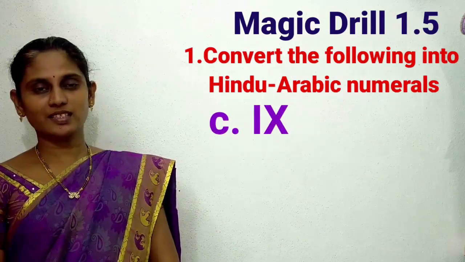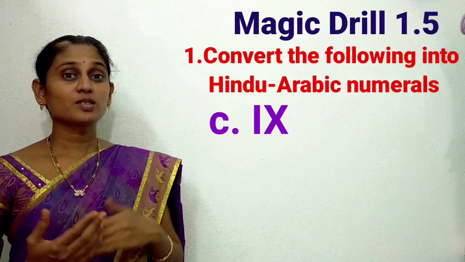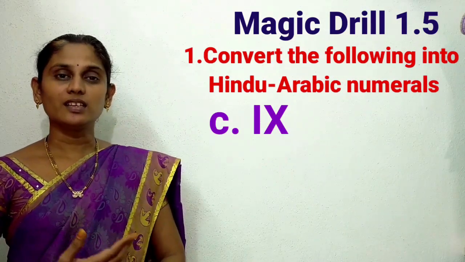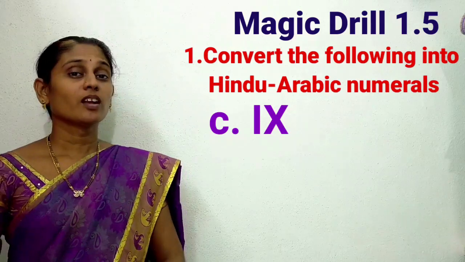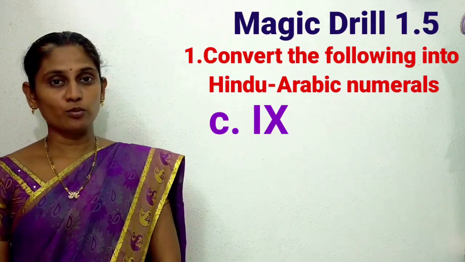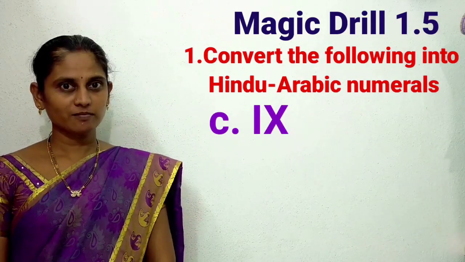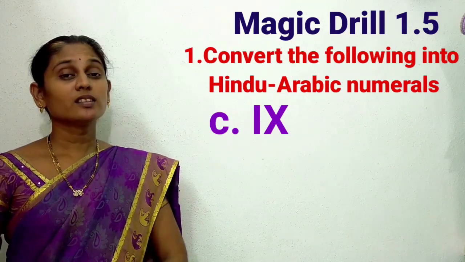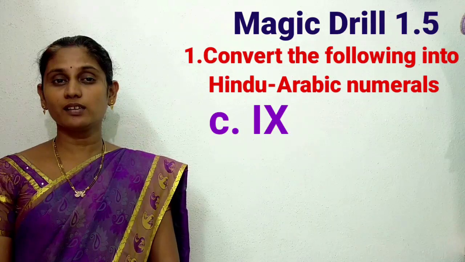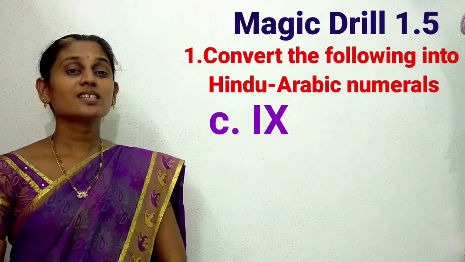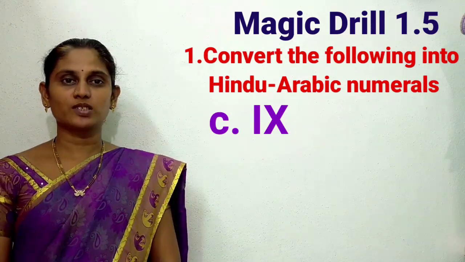Good. Now look at the next one. I, X. Here, the smaller numeral is left to the greater numeral. We know the rules of Roman numerals, right? Yes. Whenever the smaller numeral is left to the greater numeral, then you need to subtract their values.